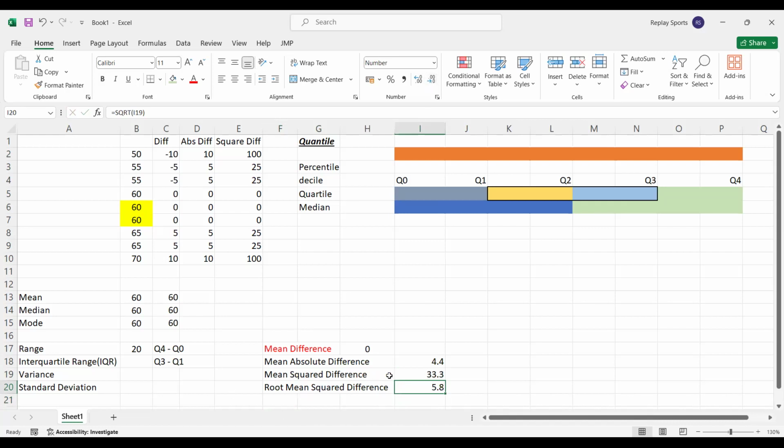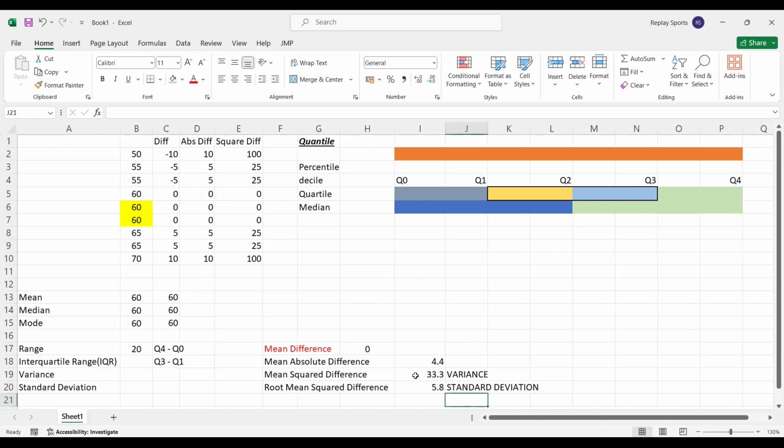So your MSD is also called variance, and your root mean squared error is also called standard deviation. So this is your standard deviation and this is your variance. Now is it clear? You'll forget. Variance is mean square difference.